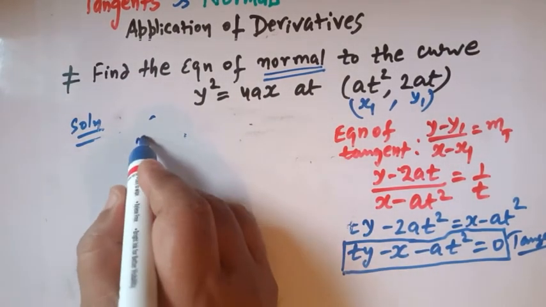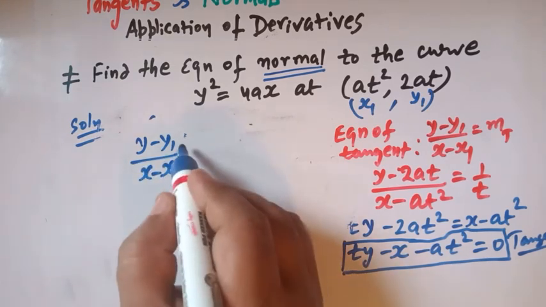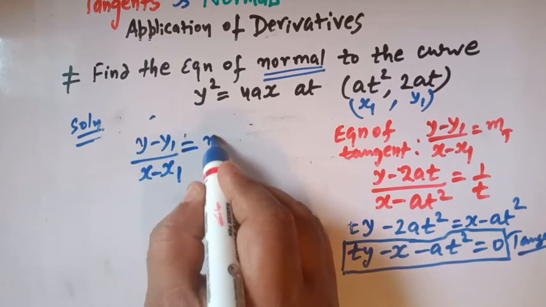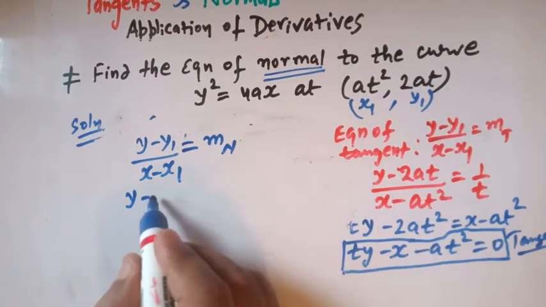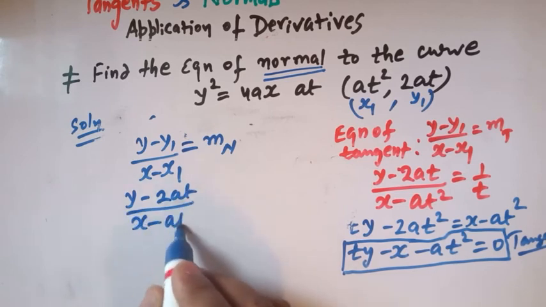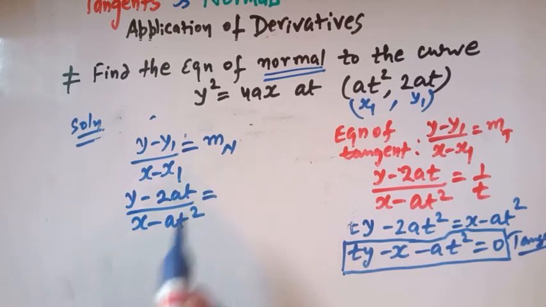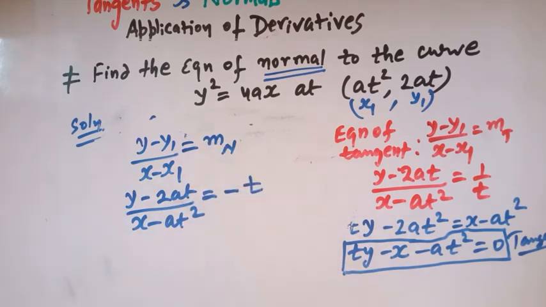We have (y minus y1) over (x minus x1) is equal to the slope of the normal. So we have y minus y1 is 2at over x minus at square is equal to the slope of normal, which is minus t. Clear?